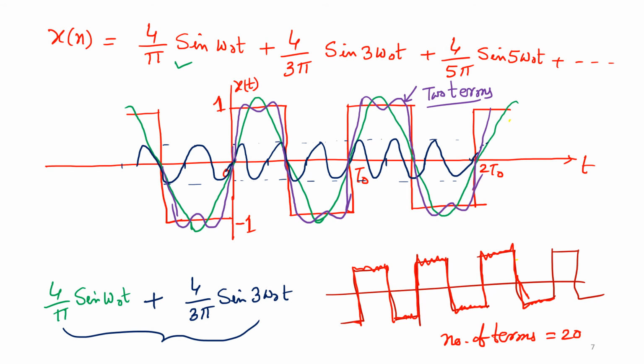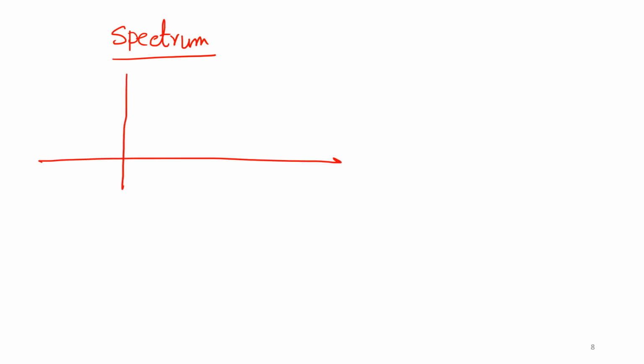Now this one. So what is the spectrum? So if you draw the frequency, okay. So spectrum, I told you that we can draw the frequency content. This is omega.